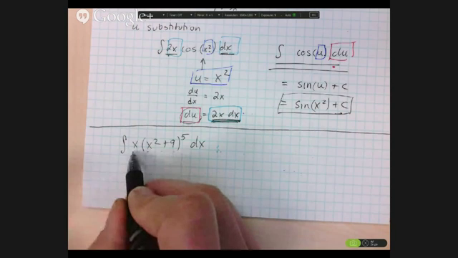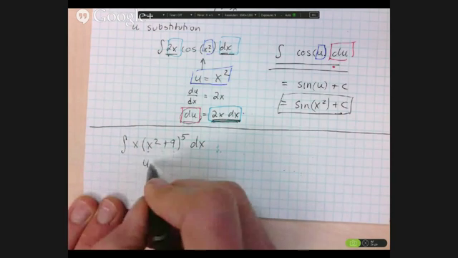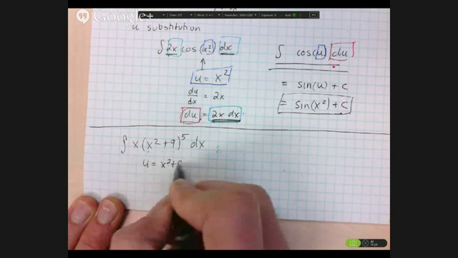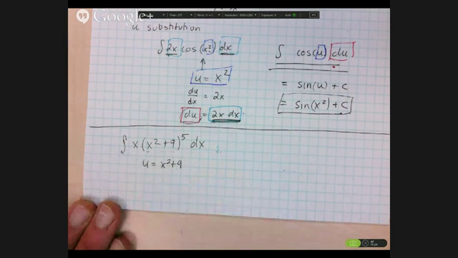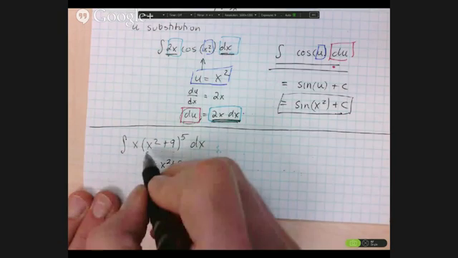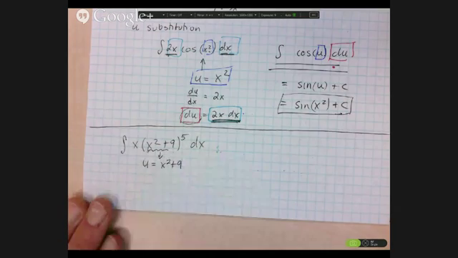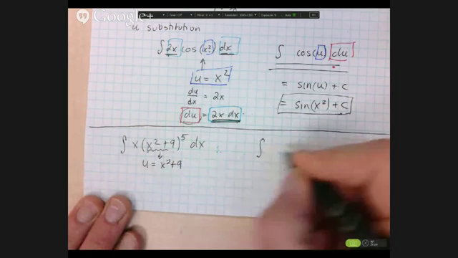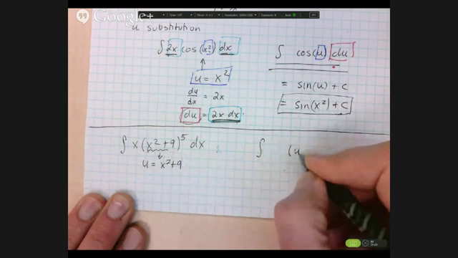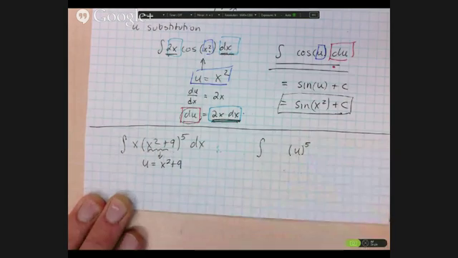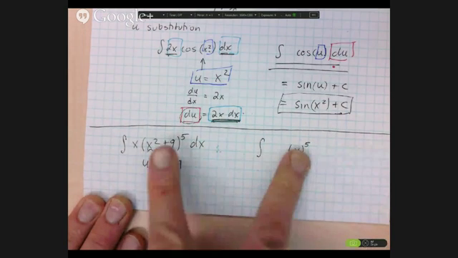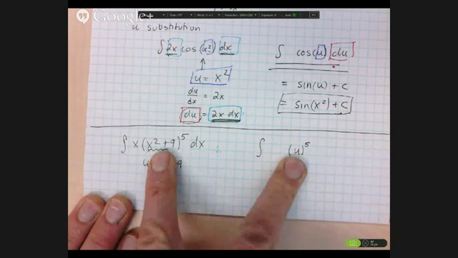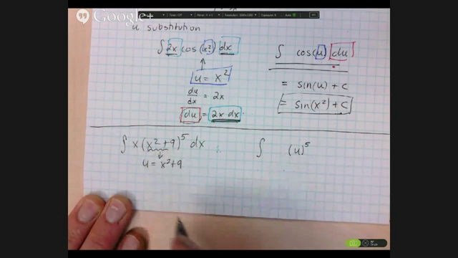So we have something close to that here, right? The x is what matters. So this is u. Right now, we have u to the 5th, because I've substituted here and here. What about that x up front? We're going to get to it.